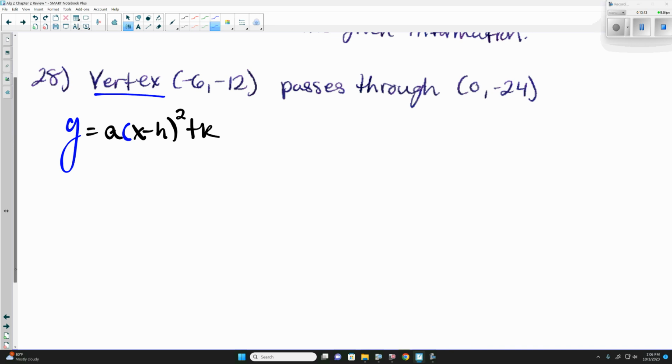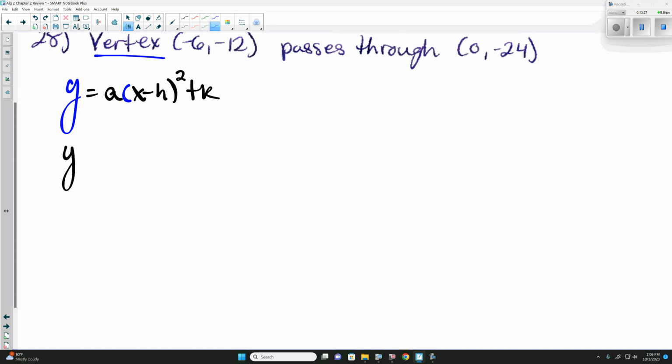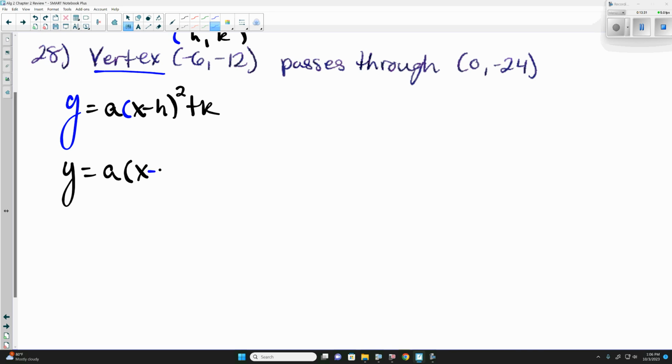It's going to be vertex form or standard form, and we will use the fact that this is h comma k. Now our h value is negative 6, and our k value is negative 12. So we plug that in.